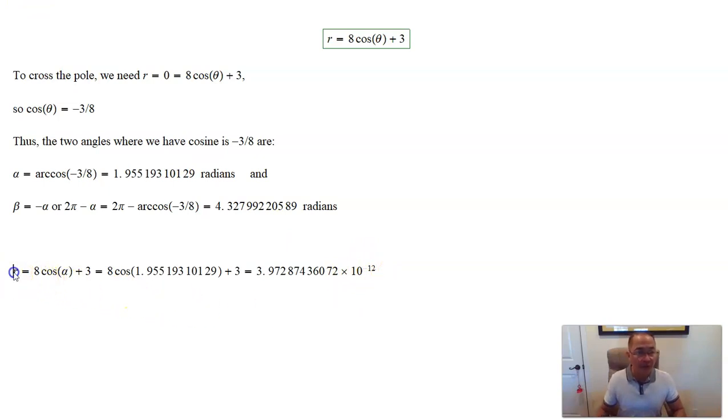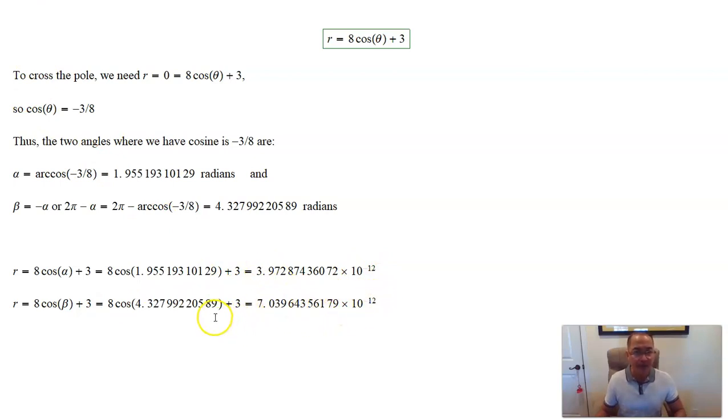So the other one is for beta. For beta, we will plug in this other angle, approximately. And again, we should get something very close to 0. Yep, very close to 0.